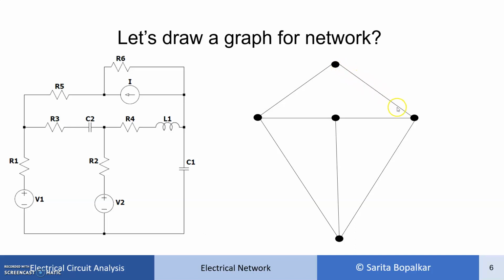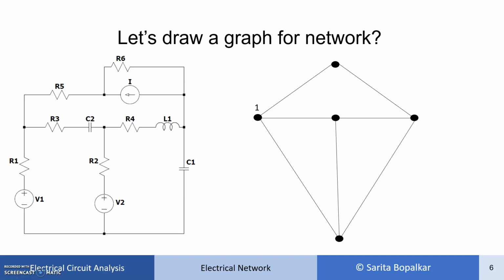One line segment for R6 and another line segment you have to make here for the voltage source, because voltage sources are replaced by their internal impedance, which is 0. So voltage source we are replacing by short circuit. As here it is current source we are replacing by open circuit. That's why we are making a line segment only for the one branch R6.